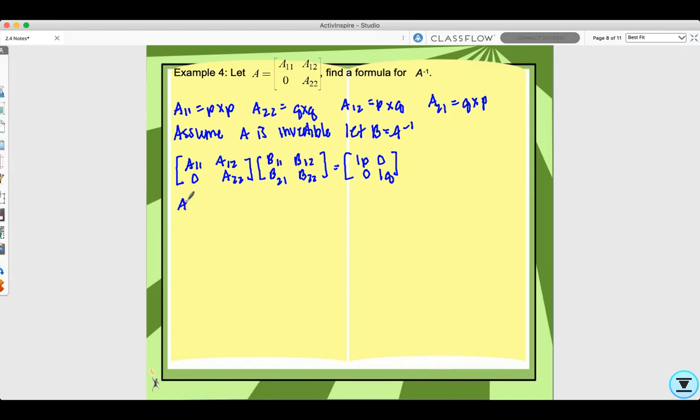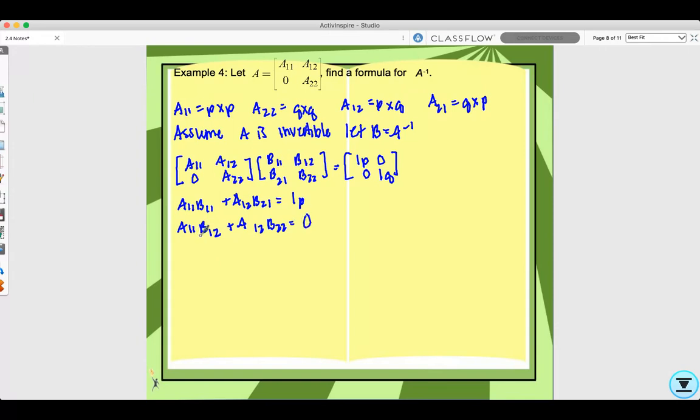So the first one I would have A11 times B11 plus A12 times B21, and that would equal my identity matrix IP. Then I would have A11 times B12 plus A12 times B22, and that would equal 0.